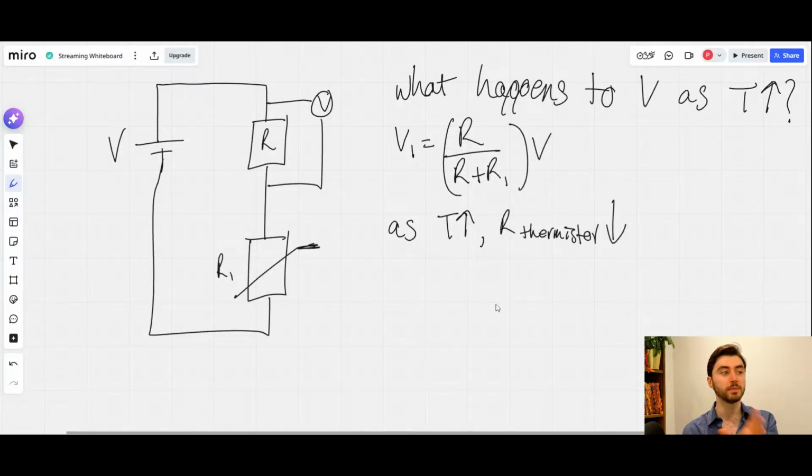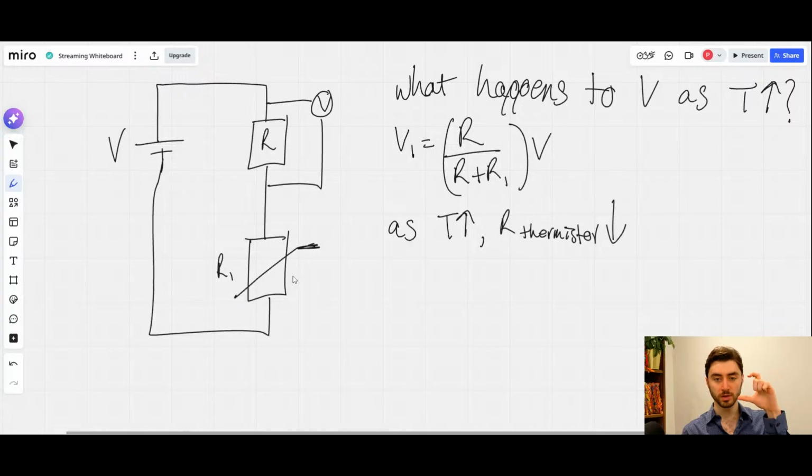If that's not in your syllabus, all you need to know is that as the temperature goes up, the thermistor's resistance goes down, which means that the thermistor has a smaller proportion of the total resistance. So I'll say that again.